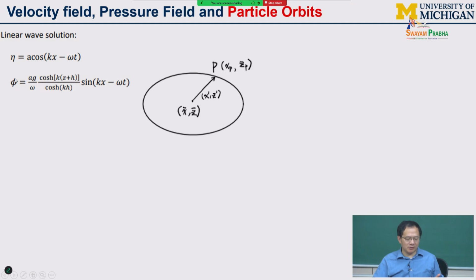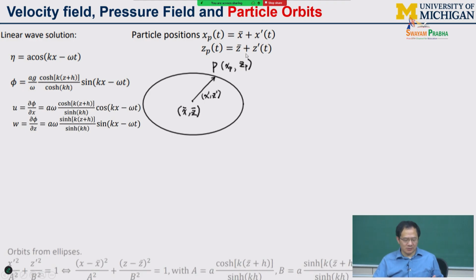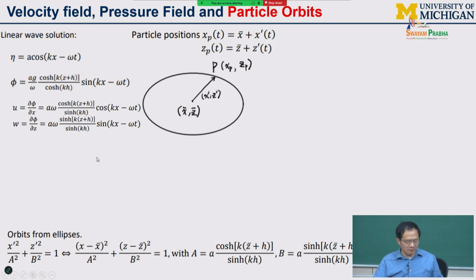So the velocity potential function, you can get that. Based on that, you can get the velocity at each point, right? And with some approximation, this velocity is the mean velocity and also the velocity amplitude, right?